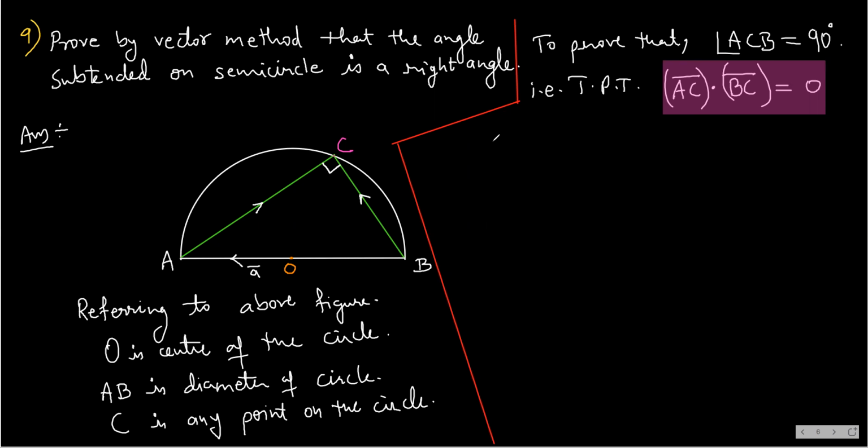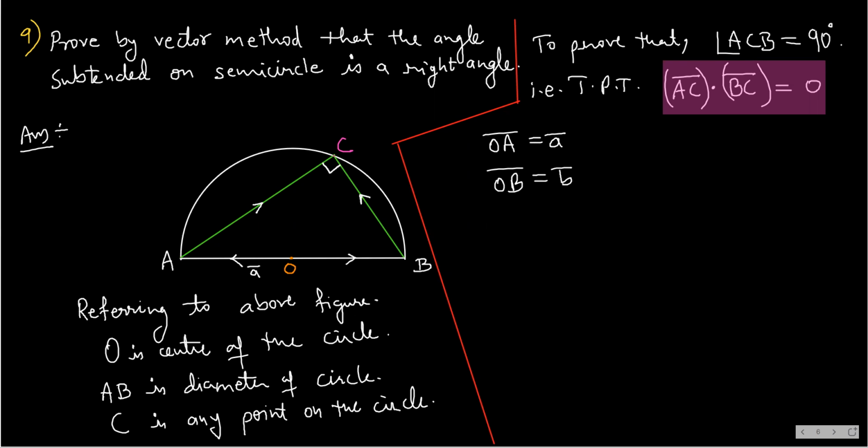OA bar is equal to A bar from the diagram. We have already written it referring to the above figure. Next, OB bar is B bar.